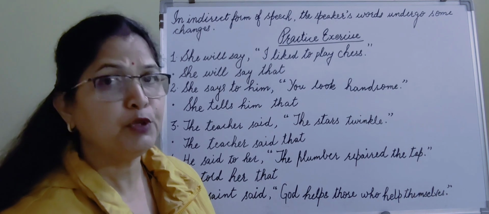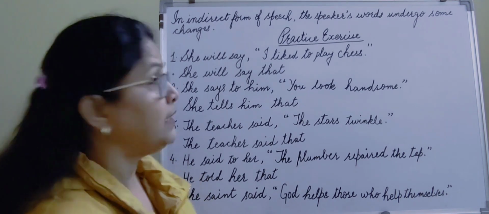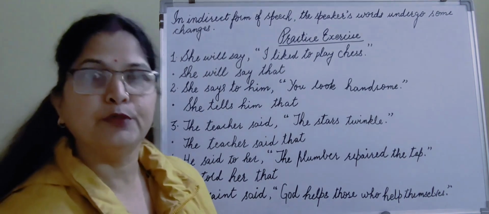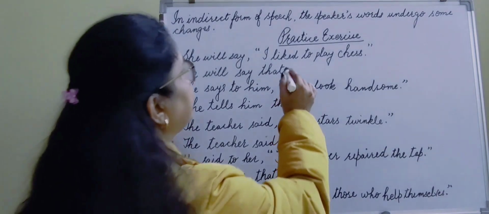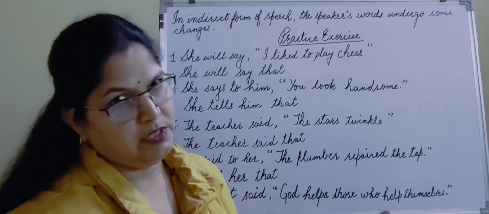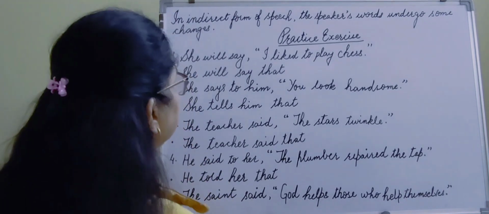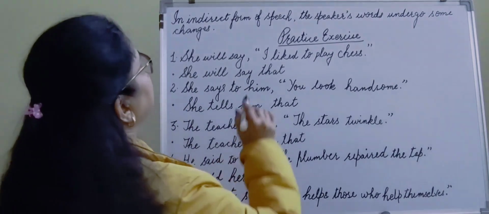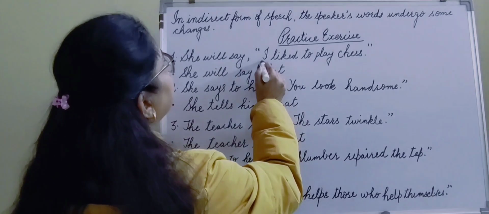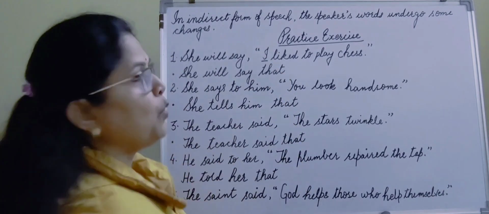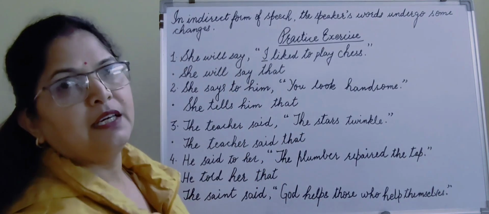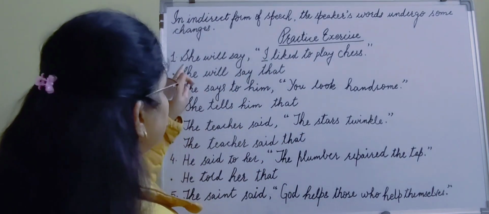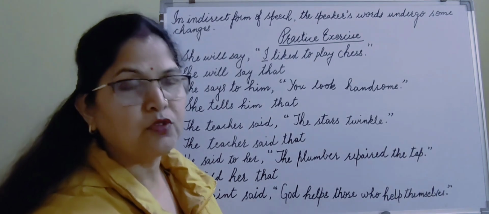Will say, future tense. What happens when the reporting verb is in future tense or in present tense? The tense of reported speech does not change. First clue. Second thing you have to keep in mind is that this first person I will change according to the subject of the reporting verb, and the subject is she. So try to solve it.